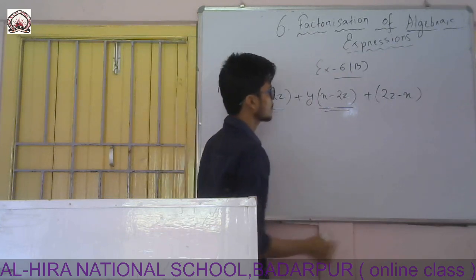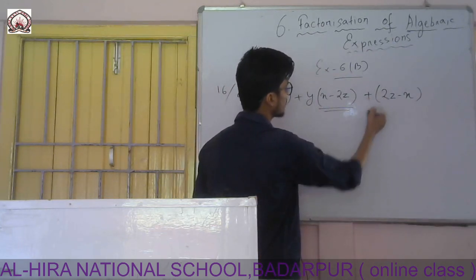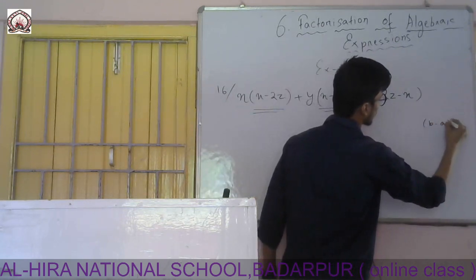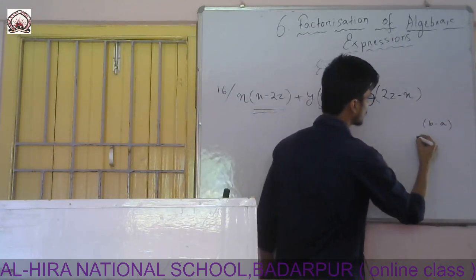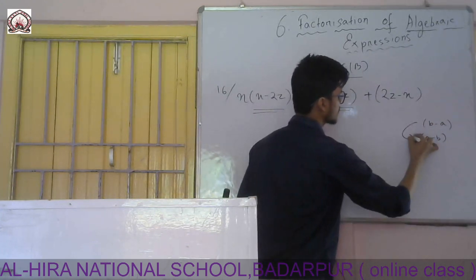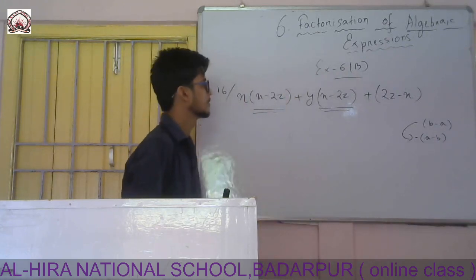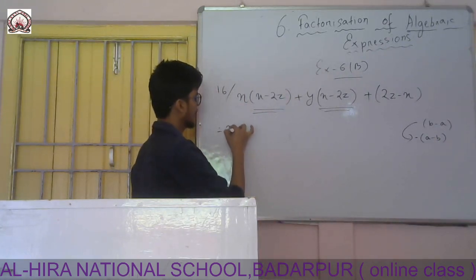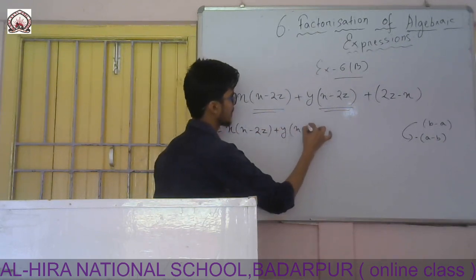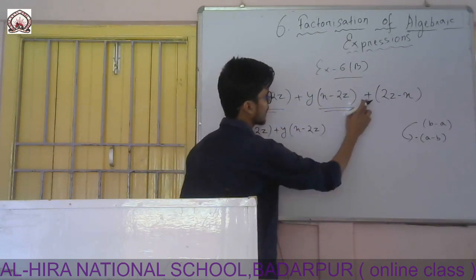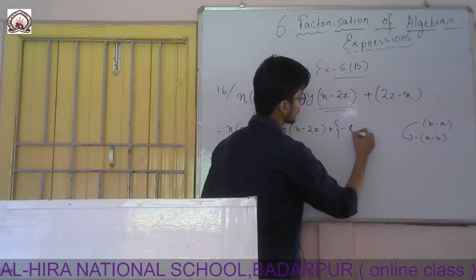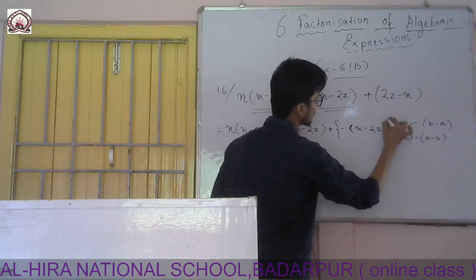In this case what we can do is simply change the sign. For example, if I write b minus a, and I want to change it, then I simply put one minus sign and write a minus b. In this case also we will use this: x into (x minus 2z) plus y into (x minus 2z), there is a plus sign, and I can write the last as minus (x minus 2z).